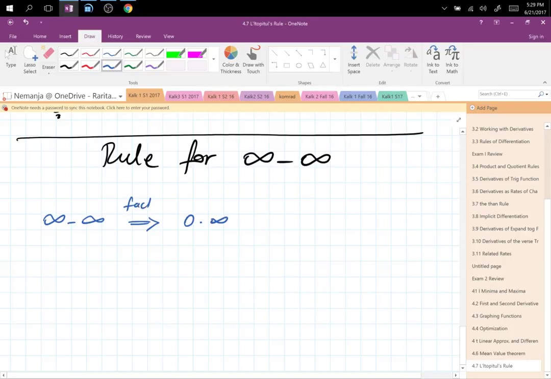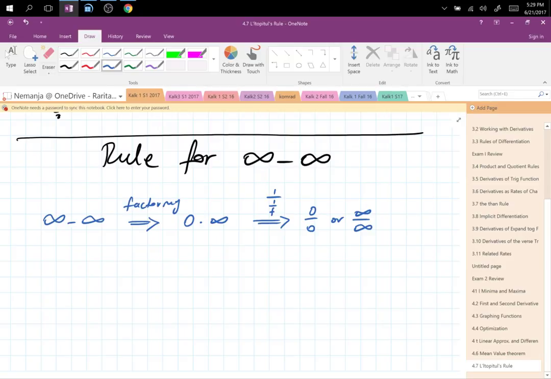using factoring, and then this one will go into 0 over 0 or infinity over infinity using 1 over 1 over f trick. So this is like your roadmap. You use factoring to get multiplication, and then you use the transformation there to get your division.